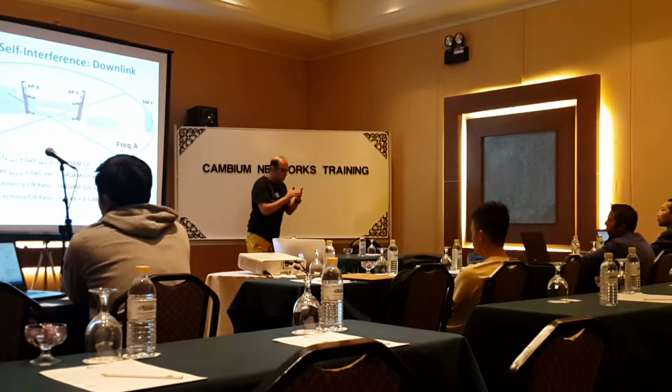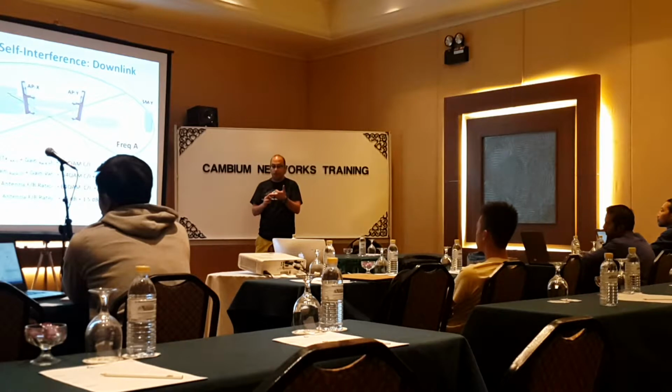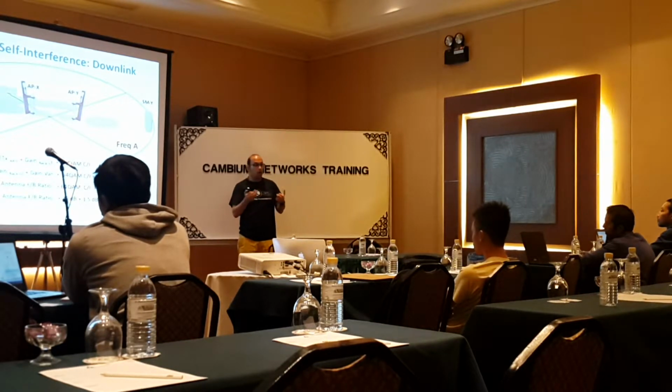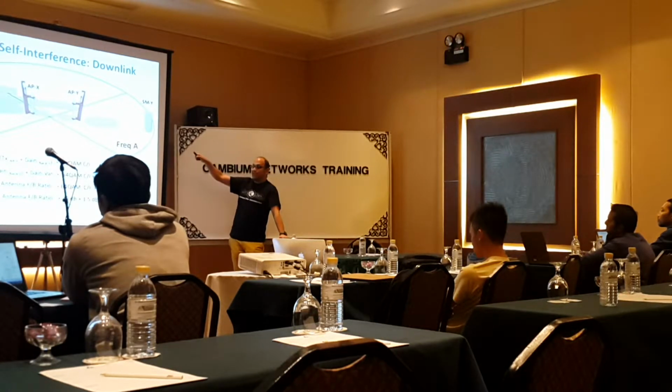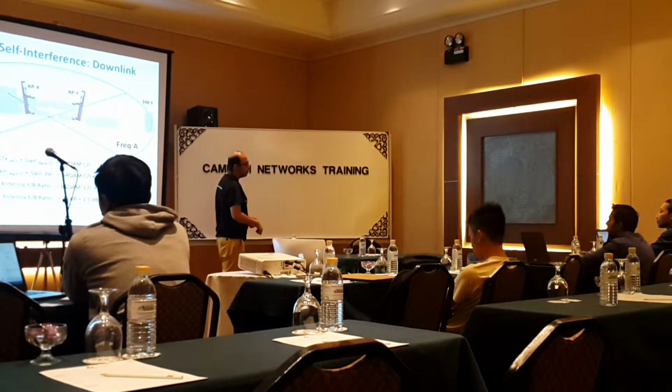So with these three features, GPS synchronization, ATPC, and front to back ratio, we can control the problems of hidden nodes, collisions, leakage, access point to access point interference, client to access point interference, and access point to client interference. These are all different types of self-interference.